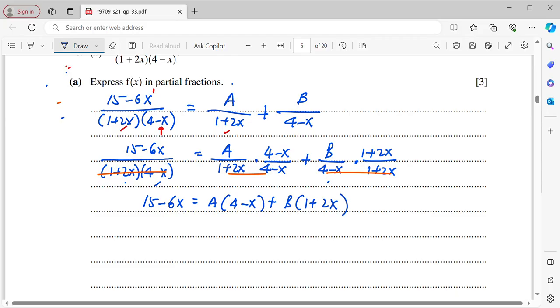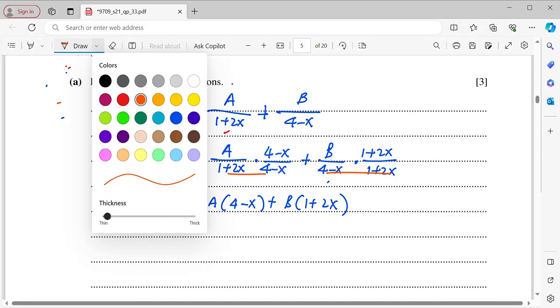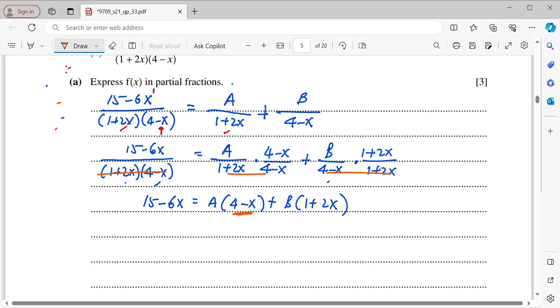Okay, so now to get the unknowns, a very simple method is just let the factors be 0. So now I will let the 4 minus x be 0, which means my x is going to be 4. So when my x equals to 4, my left hand side is 15 minus 6 times 4.